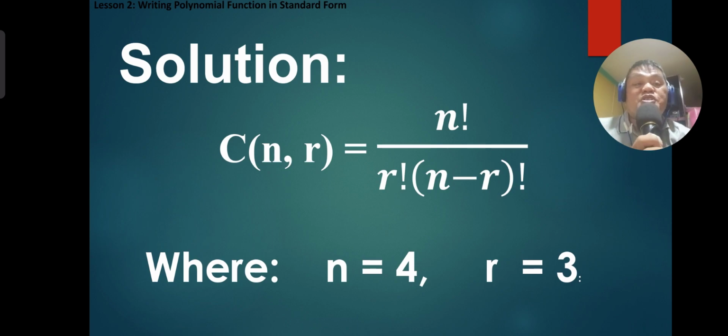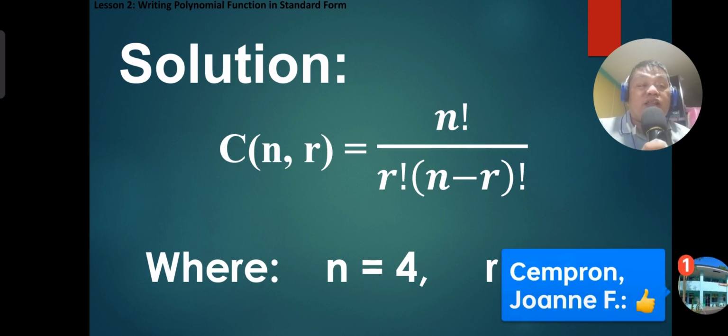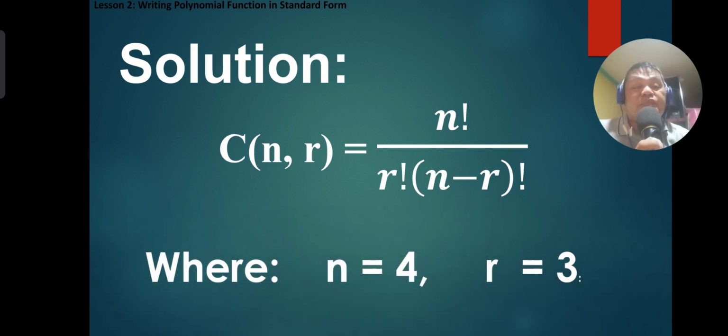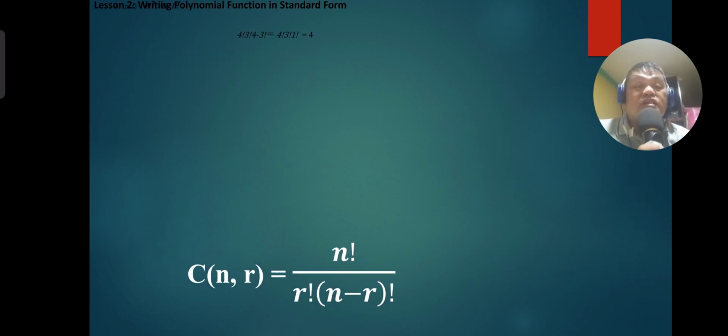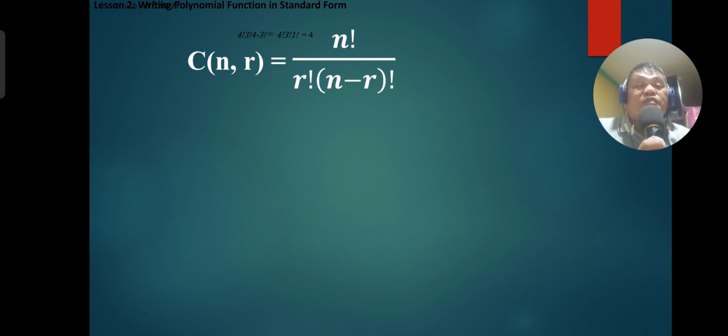We have combination of n objects taken r at a time is equal to n factorial over r factorial times n minus r factorial, where n is equal to 4 and r is equal to 3.